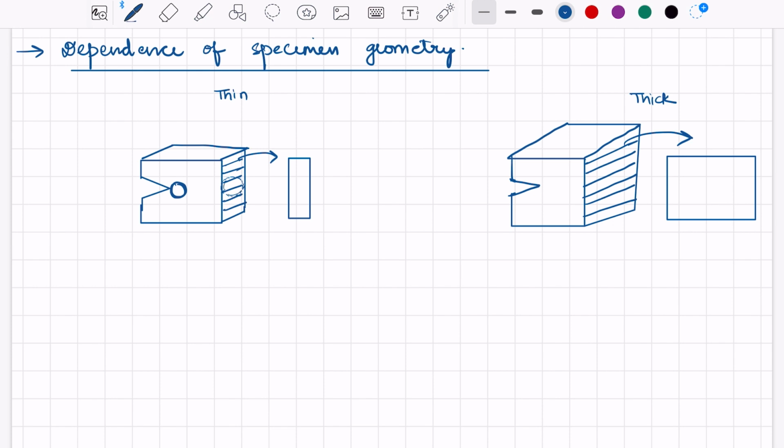However, the plastic zone that is formed in the thick plate will only be at the center of the plate. It will not be able to cover throughout the thickness.